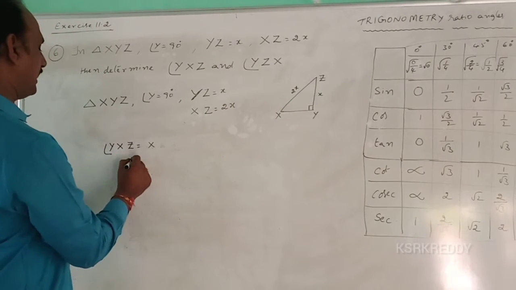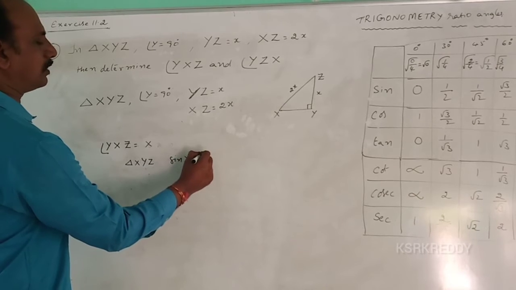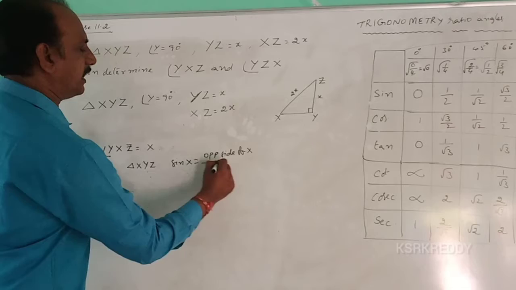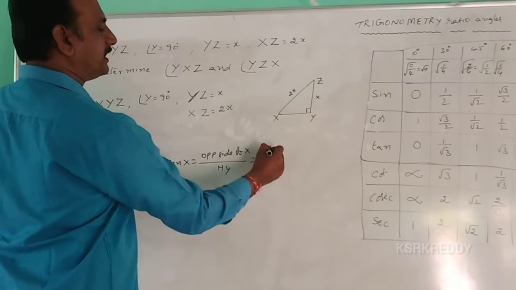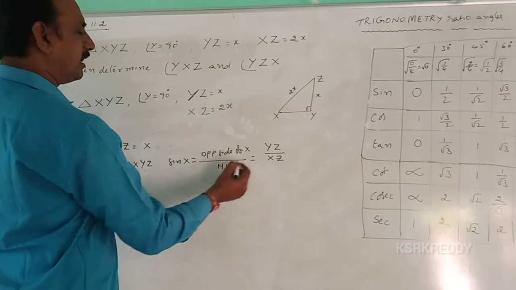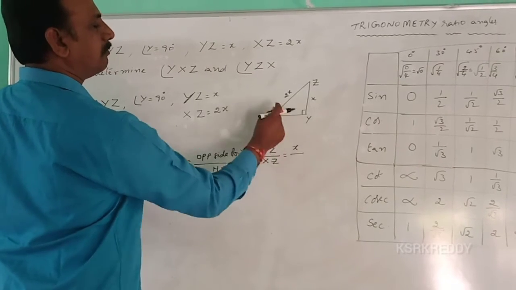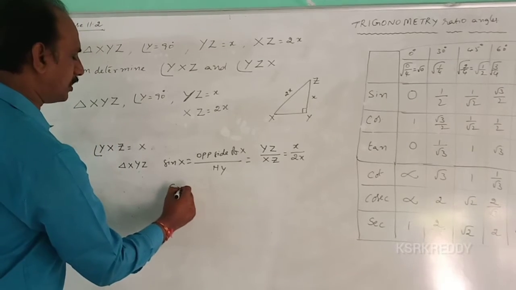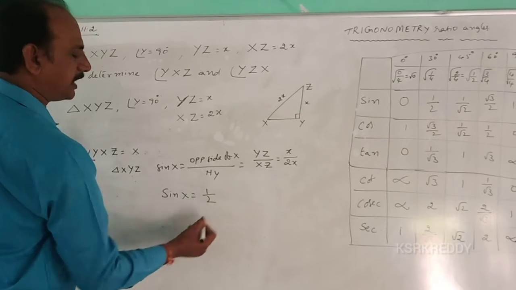So in triangle XYZ, sin x is equal to the opposite side of x by the hypotenuse. The opposite side of x is YZ, by XZ. YZ is x and XZ is 2x. Then sin x is equal to x by 2x, x cancels. What is the result? 1 by 2.